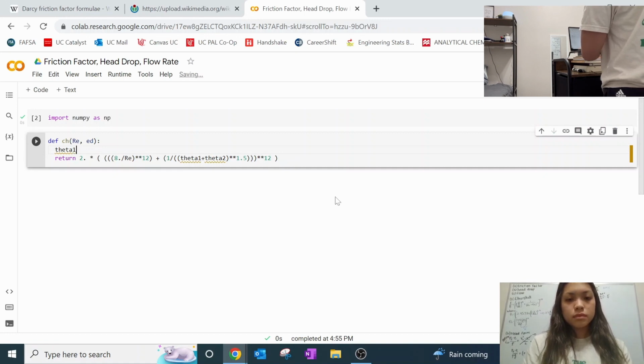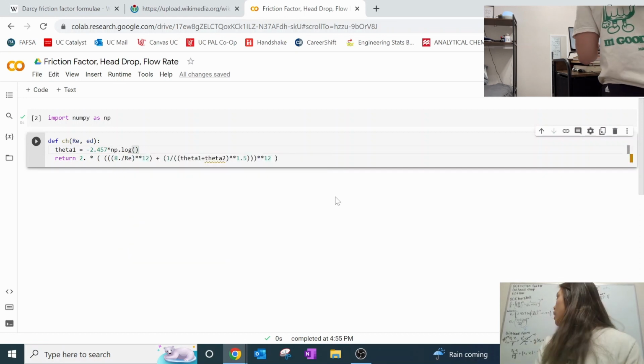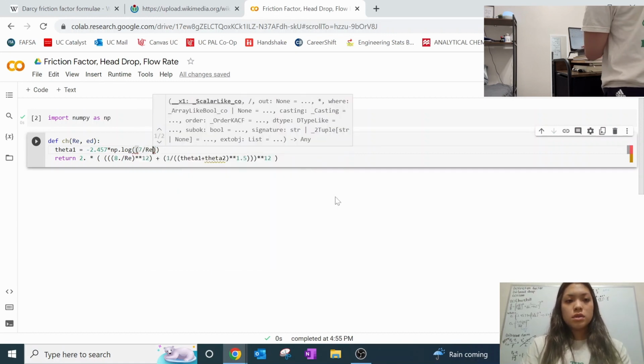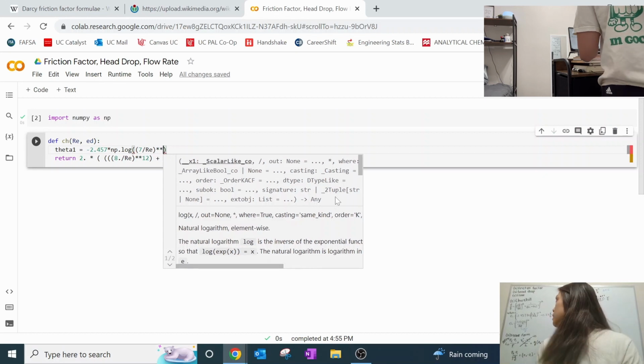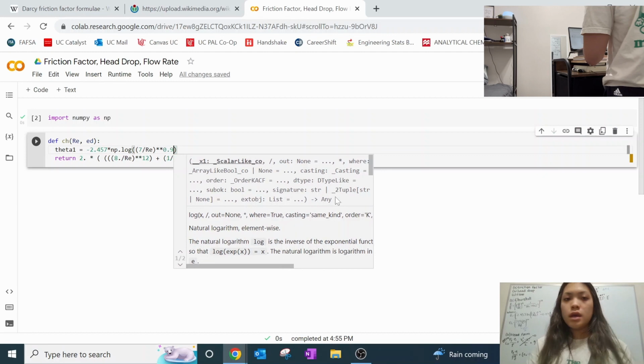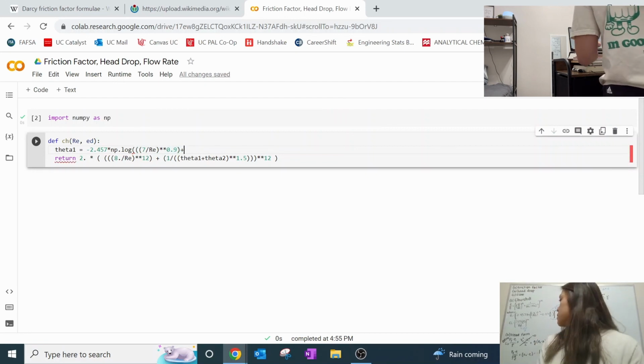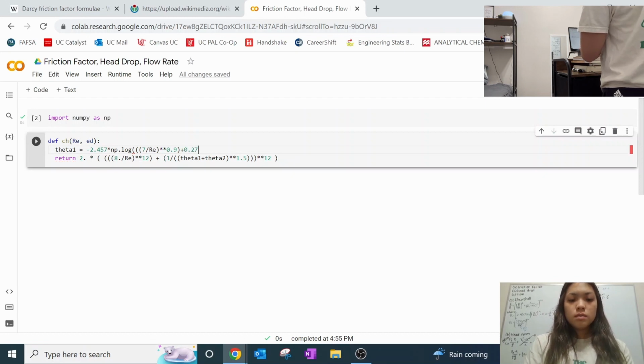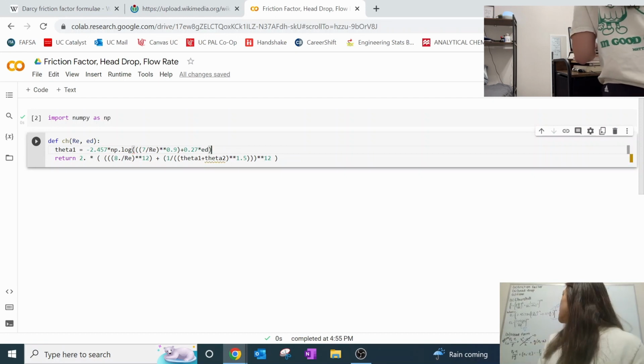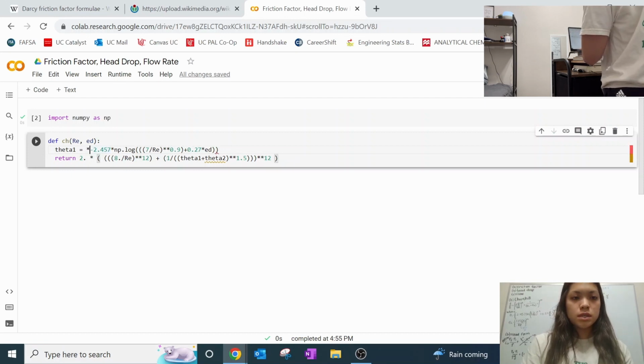So theta1 is, we were given that it is equal to negative 2.457 times the log, so np.log of 7 divided by Reynolds number, and this is to the 0.9 power, and then this quantity plus 0.27 times the roughness, and then this entire quantity is to the 16th power.